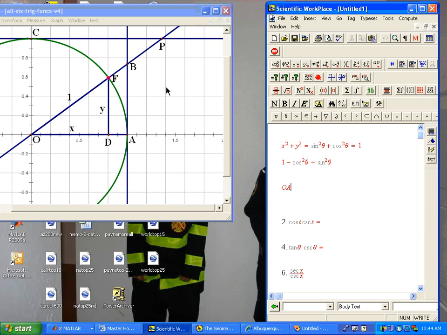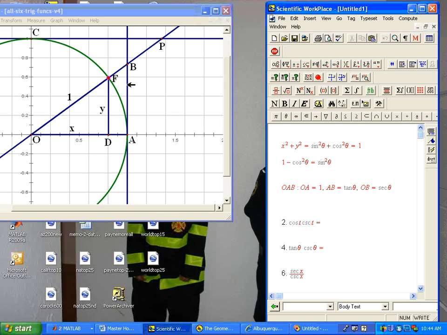OA is equal to 1 because that's a radius. AB, we figured out, was tangent of theta. And OB, we figured out, was secant of theta.